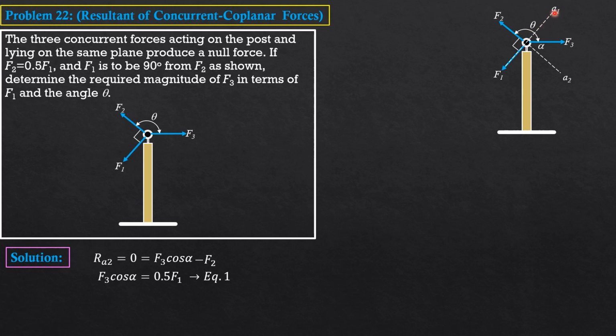Then the summation of forces along axis A1 equals 0, or RA1 equals 0, and the component of F3 is F3 sine alpha along A1, which is positive, this component here going in that direction, then minus F1 equals 0. So F3 sine alpha equals F1.